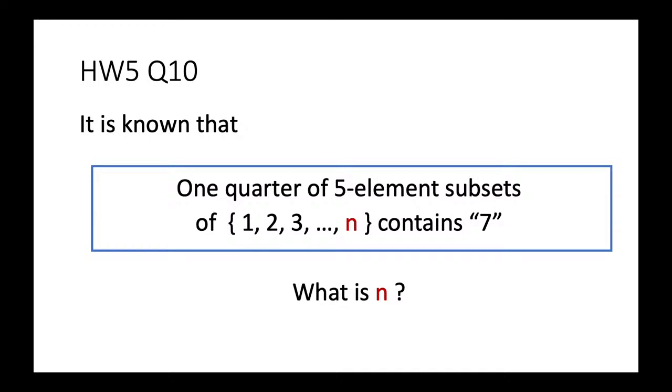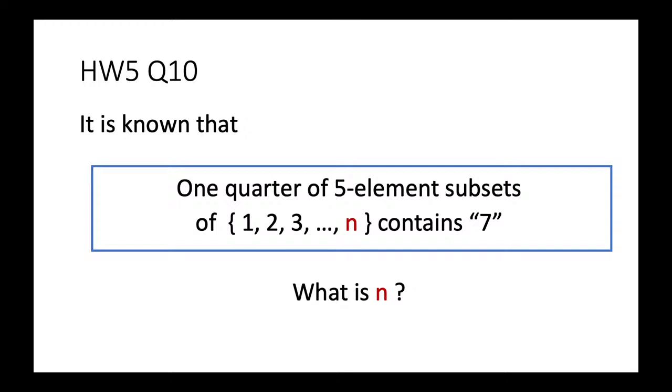So how many 5 element subsets contain 7? We can ask ourselves this question first. In order to get a 5 element subset that contains 7, then 7 must be an element that we choose, but then we need to select 4 more items from the remaining n-1 items in order to construct a 5 element set with 7 inside.